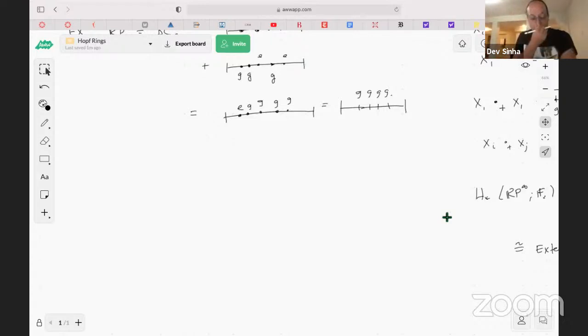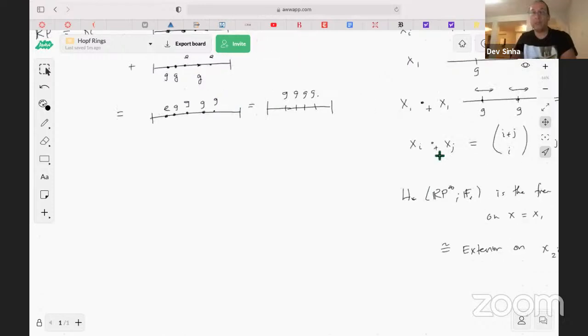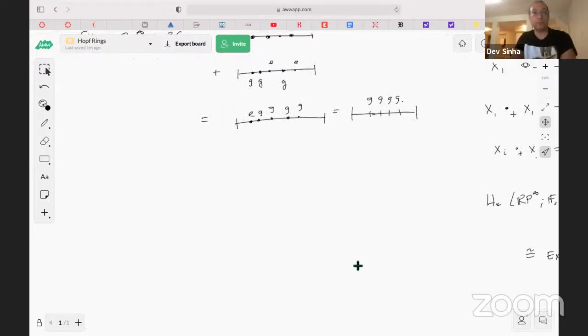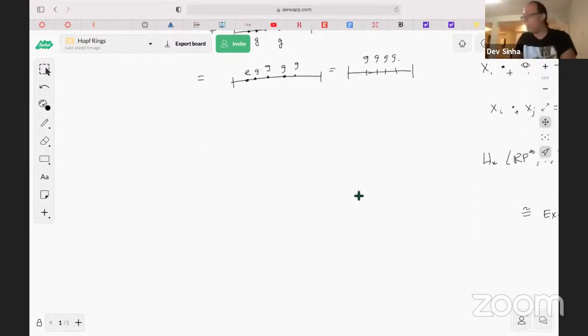For every element of your algebra, you can take its ith divided power, whatever you want to call that. And these divided powers multiply according to exactly this shuffle binomial coefficient product rule. Okay, so let's get back to our main story.